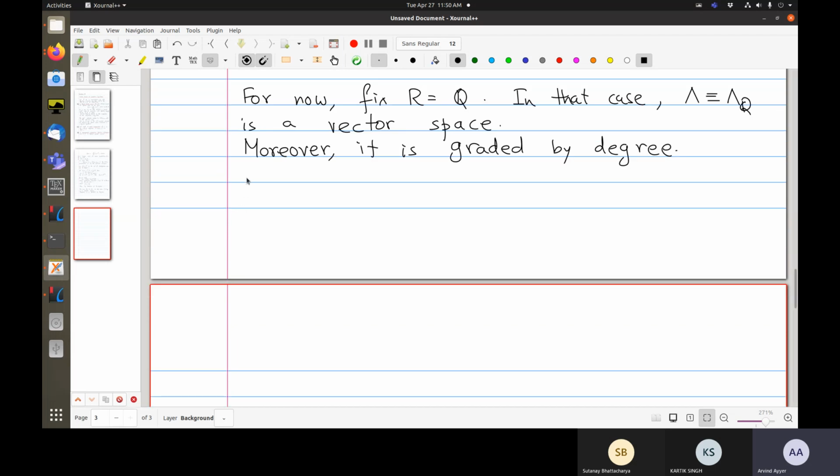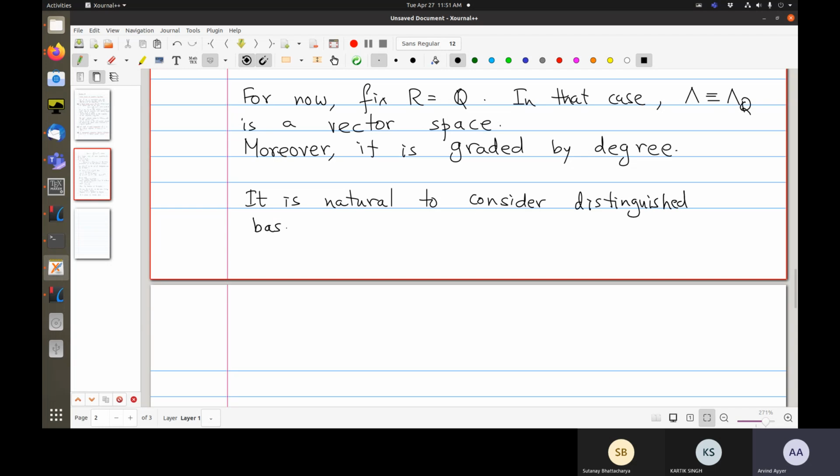So it is natural to consider distinguished bases of lambda. So let's do that.